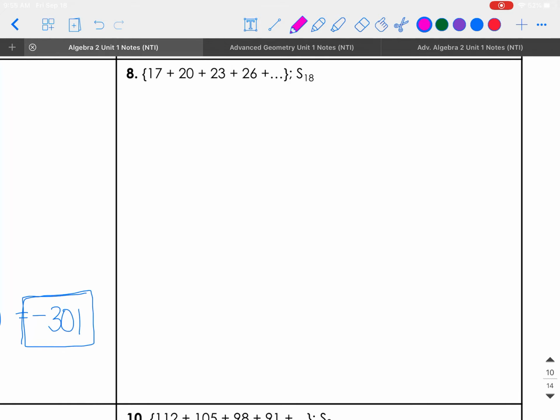All right. N equals 18. A1 equals 17. AN is really A18. So I've got to use the formula to find that. That's the arithmetic sequence formula.